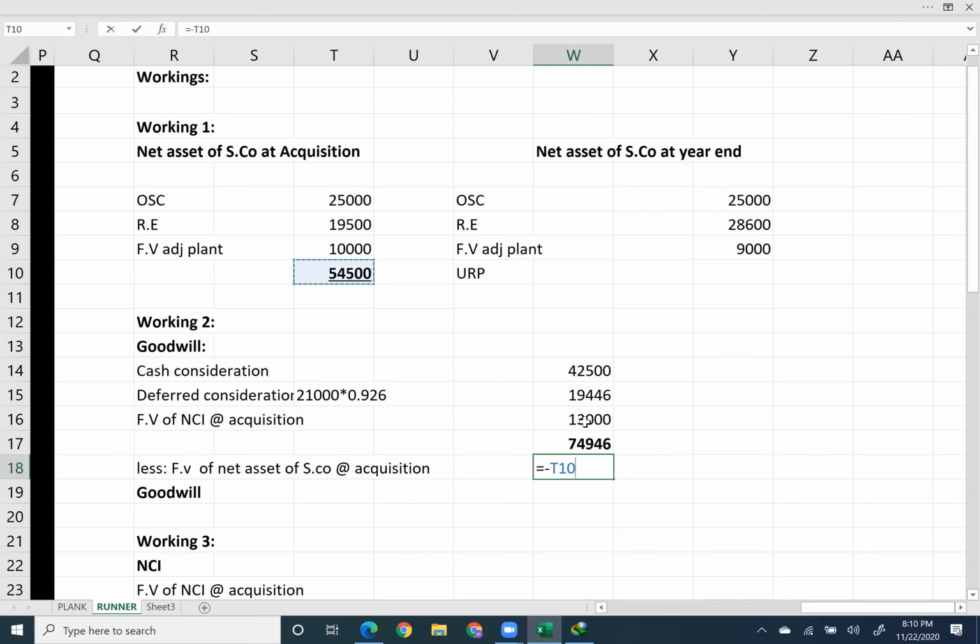So our goodwill is ready: 20,446. One thing, don't forget that we have included deferred consideration of 19,446 in the COI, but we need to adjust the unwinding of discount in the consolidated reserve section as well.